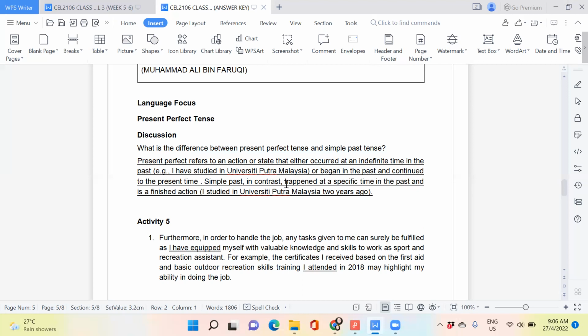Another difference is that present perfect tense refers to an action that is still continuing today, but simple past tense is already finished, done. So you're not going to see it anymore. Those are the two most obvious differences between the two tenses. I hope you understand the function of these two tenses. Let's see the next one.